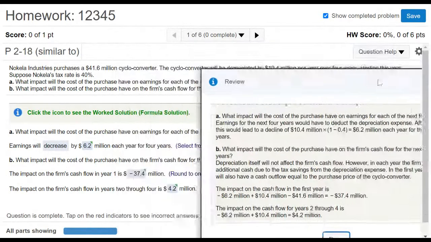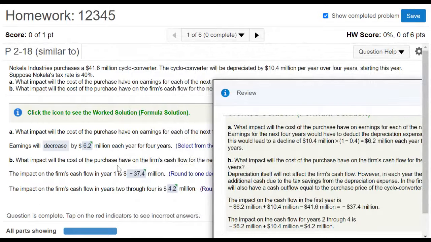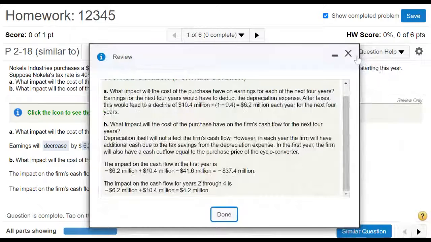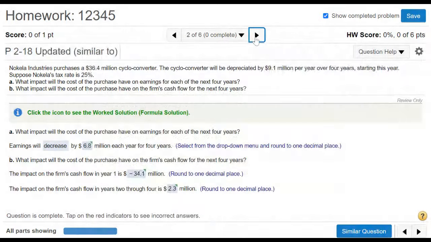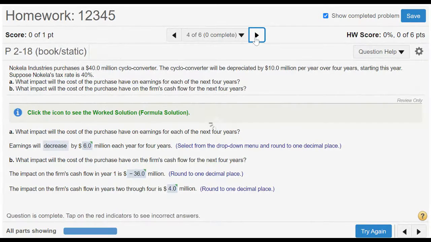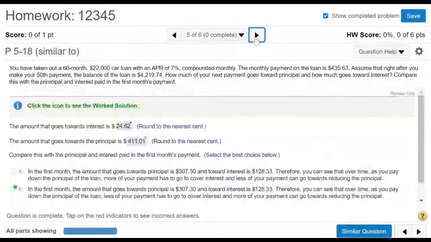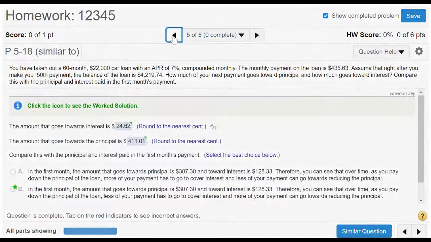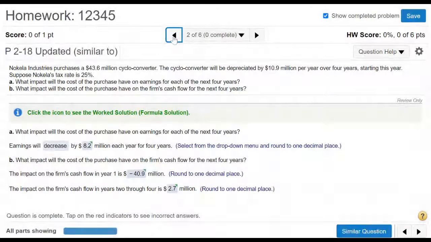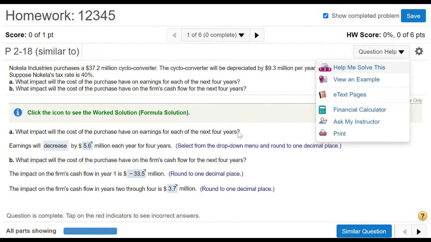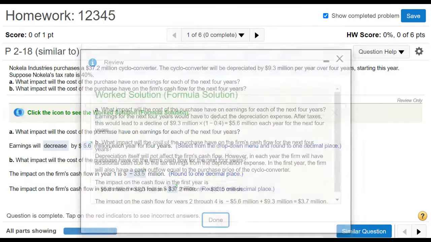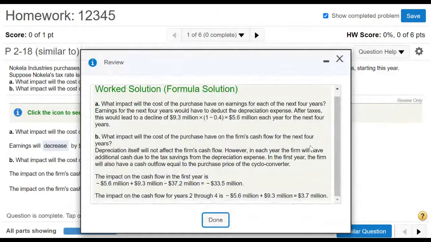Remember on this one, the only negative is here. Same principle.